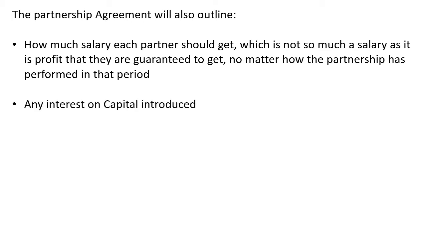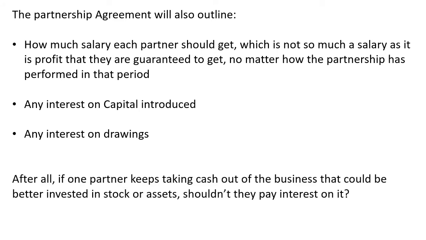Any interest on capital introduced. Any interest on drawings. After all, if one partner keeps taking cash out of the business that could be better invested in stock or assets, shouldn't they pay interest on it?